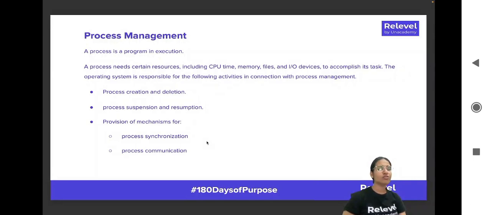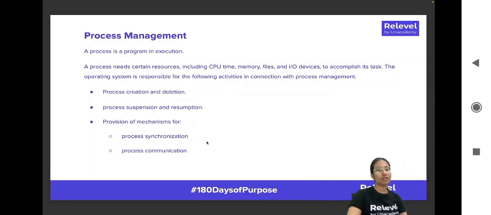And apart from that, we also have process communication. If there are different processes, we need suitable mechanisms so that the processes can communicate with each other in order to drive out the entire task. So process management includes all of these tasks, and the operating system is responsible for managing them. Okay, that was the first task.